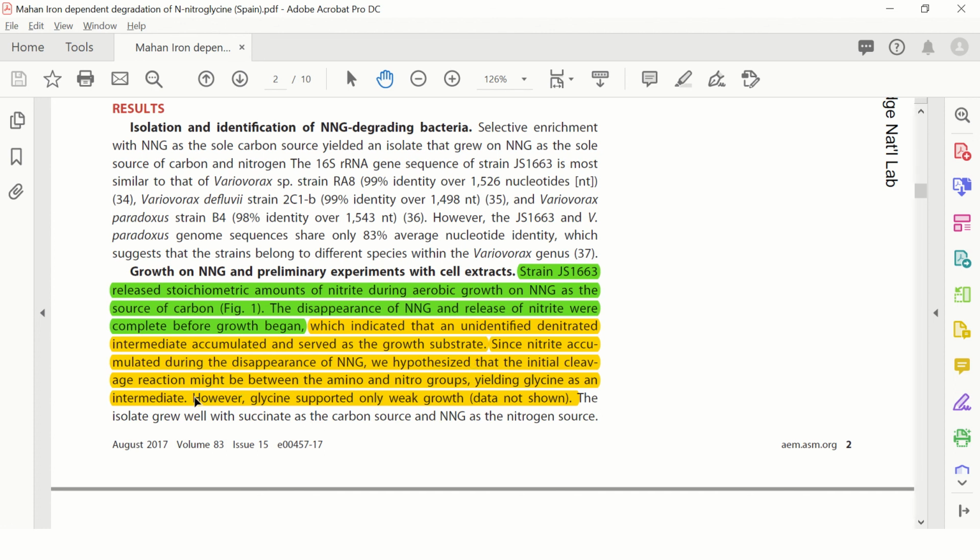They simply described that their experiment using glycine had only weak growth, and so that didn't support this hypothesis that glycine was one of the products of NNG decomposition. They just say data not shown, but they explain it.